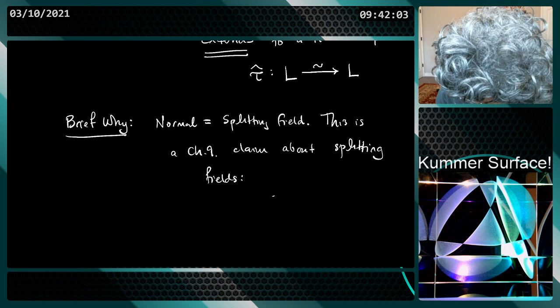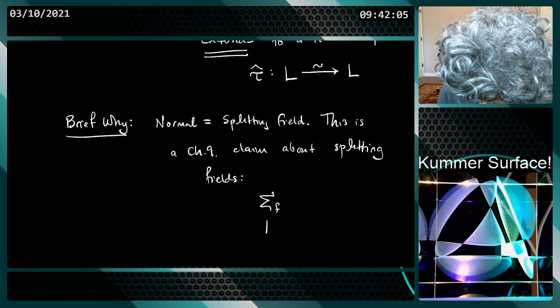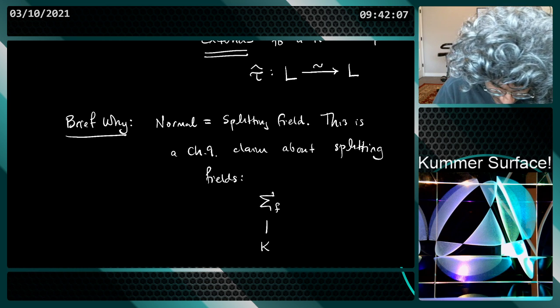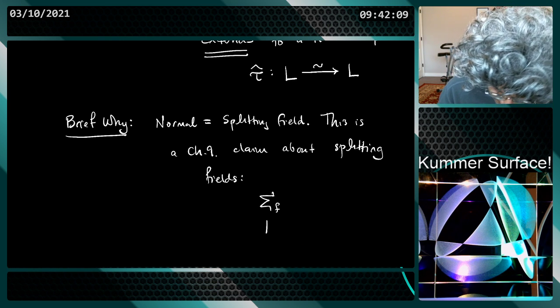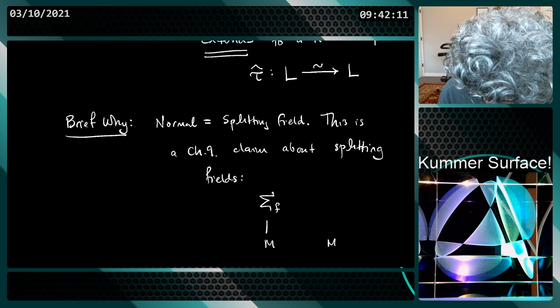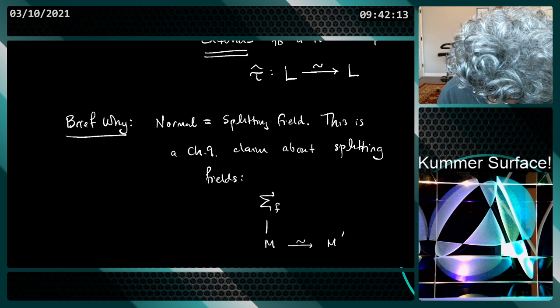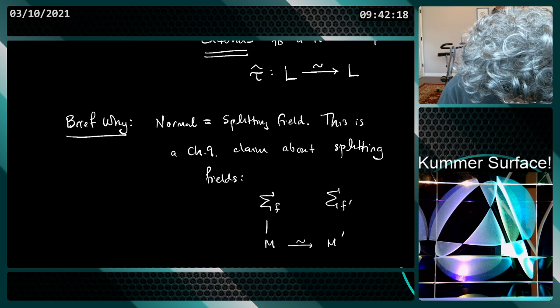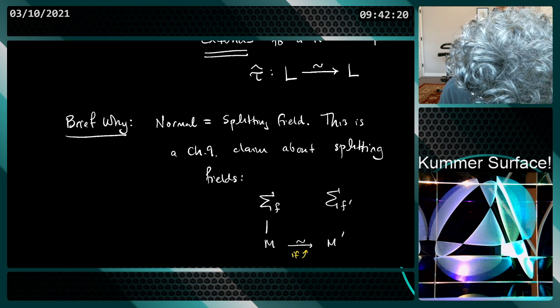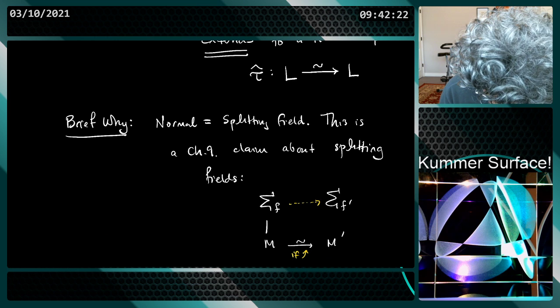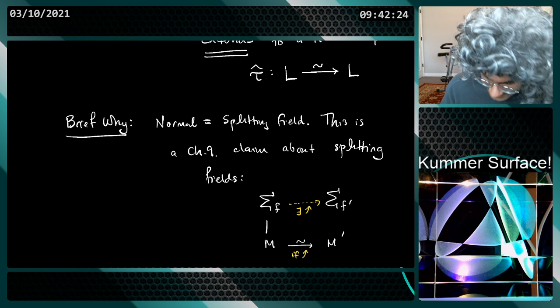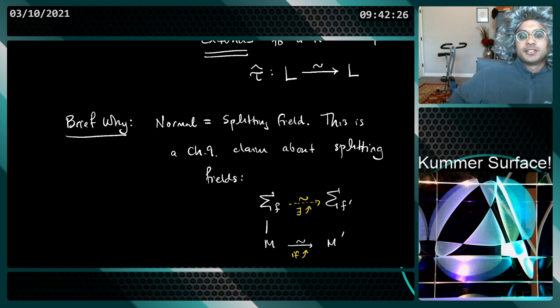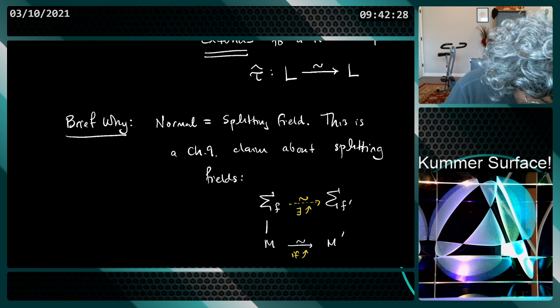Maybe I'll just draw a diagram that might jog your memory. It's something like this. I'll put M in place of the small field. If you have this, then there exists an isomorphism on the splitting fields.